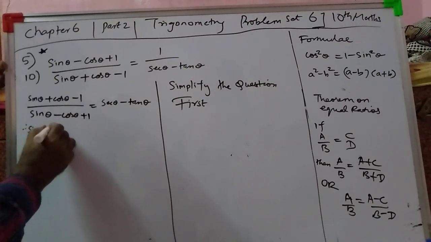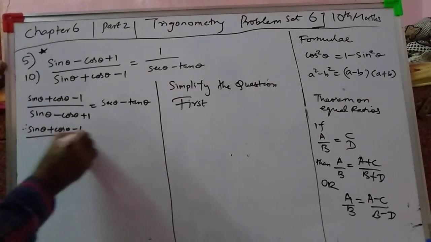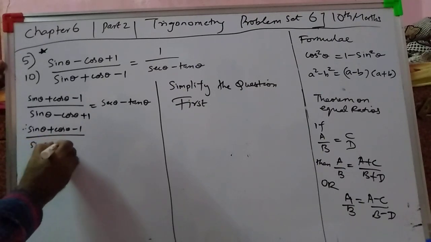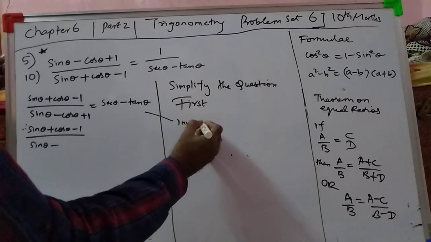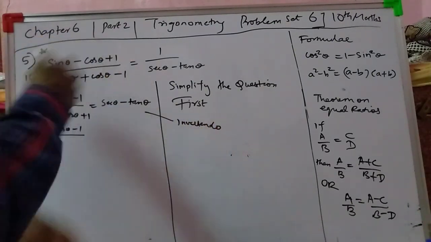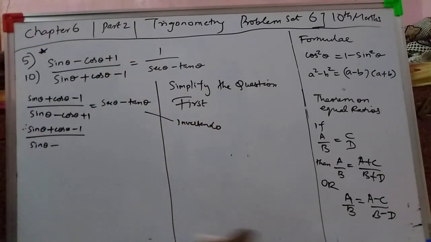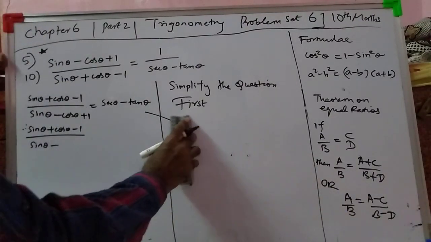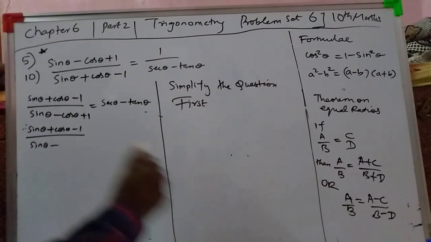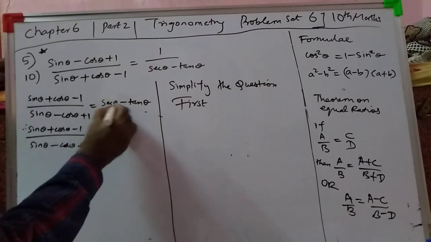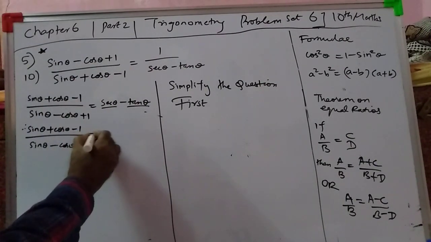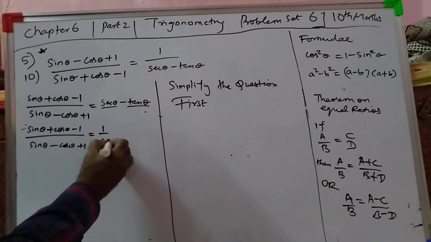Therefore, sin theta plus cos theta minus 1 upon sin theta, this is inverted. When you interchange, it is called inverted. Sec is equal to 1 upon cos theta.